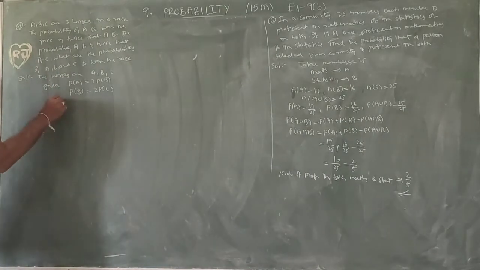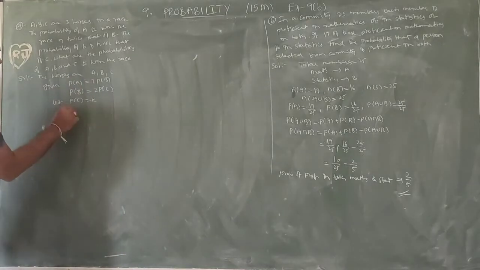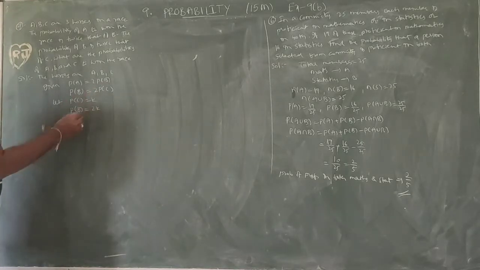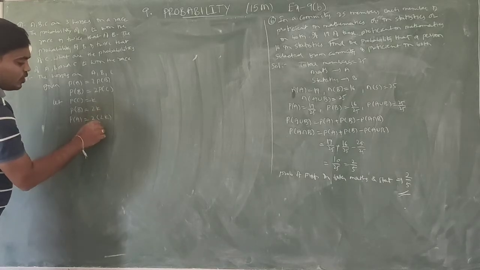I am taking, let P of C equal to K. Then P of B equal to 2K. P of A equal to 2 into 2K equal to 4K.